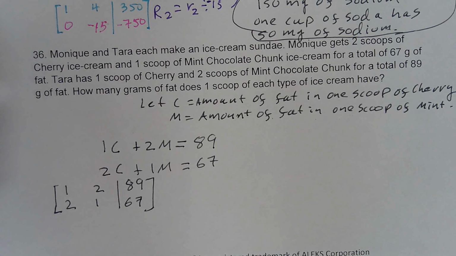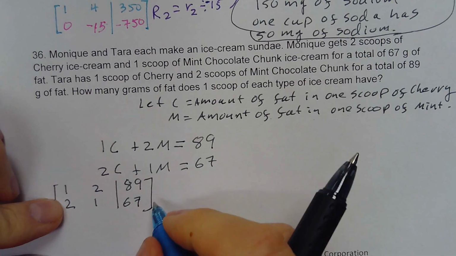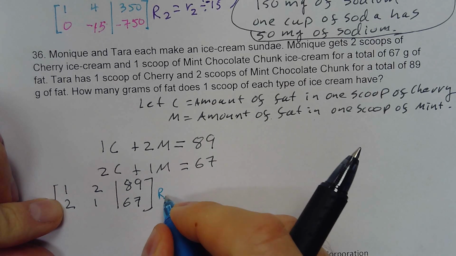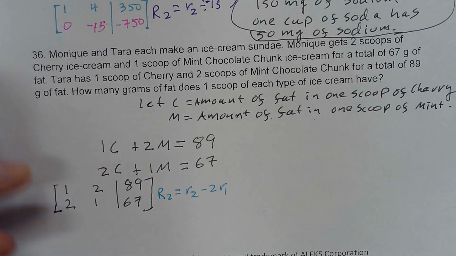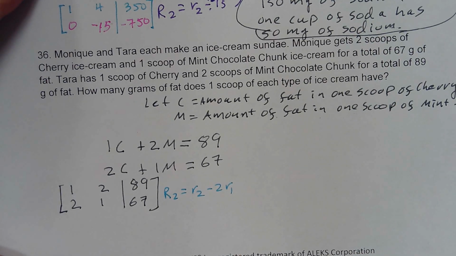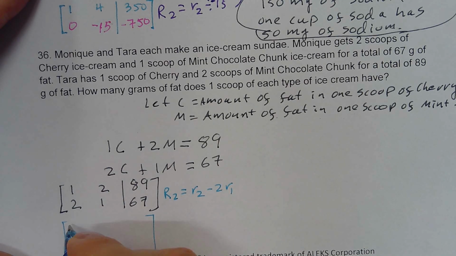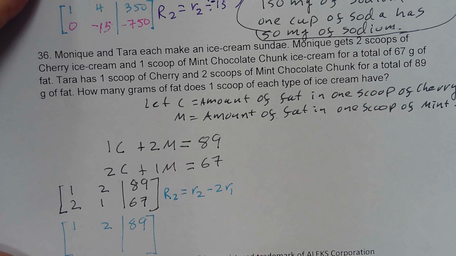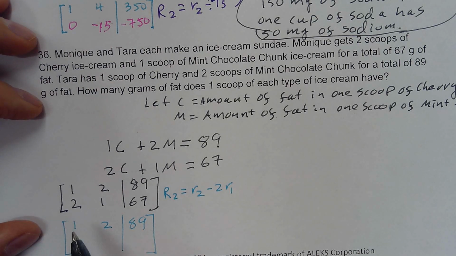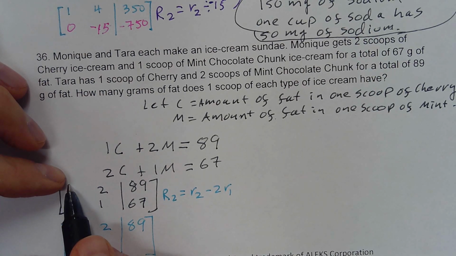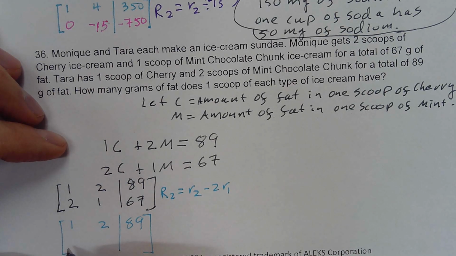So that's good. So now I'm going to make that 0. So then my row 2 is going to be my old row 2 minus 2 times row 1. So I'm going to keep row 1 the same. So here I'm going to do 2 minus 2 times 1, that's 0.